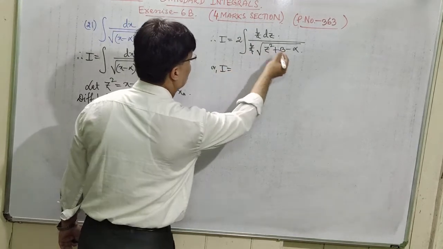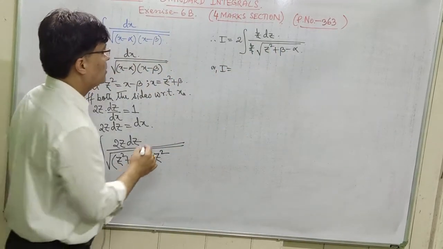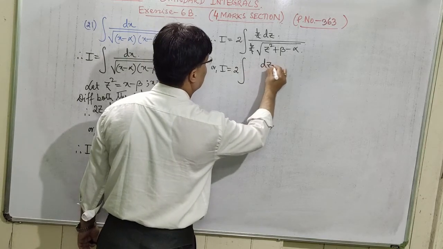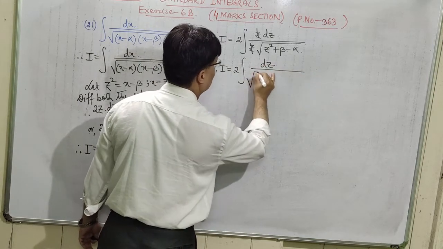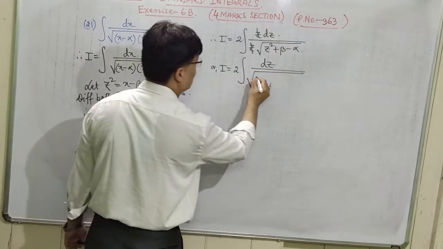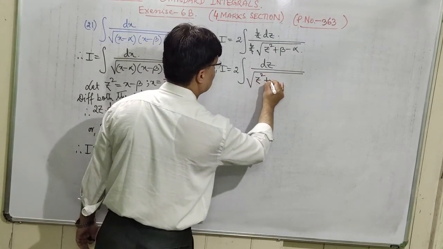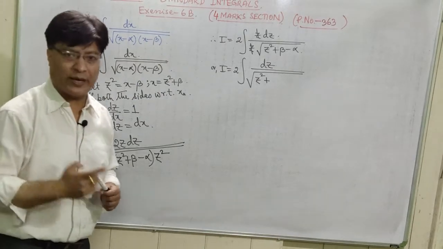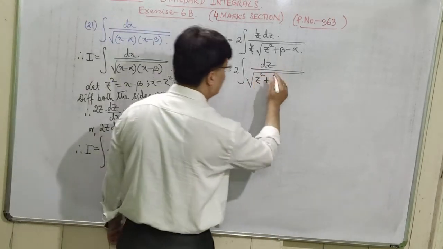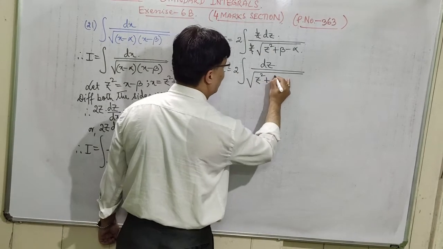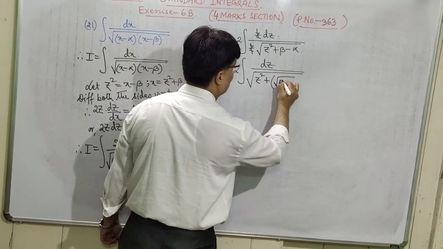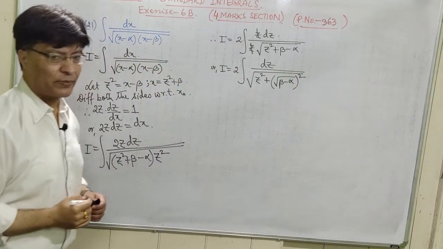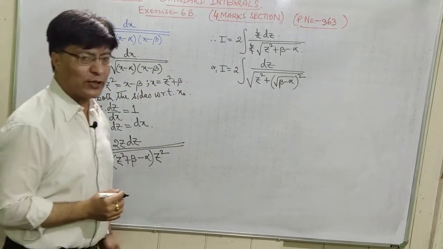Okay. So or I is equal to, let us convert it into standard form now. So it is 2 integration of dz divided by within square root, z square plus, now this beta minus alpha can be written within whole square, that is root over beta minus alpha whole square. Now which standard form is this one again?